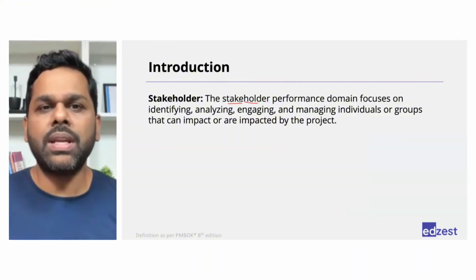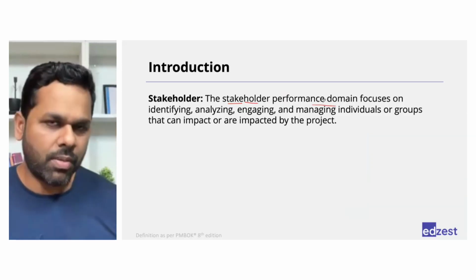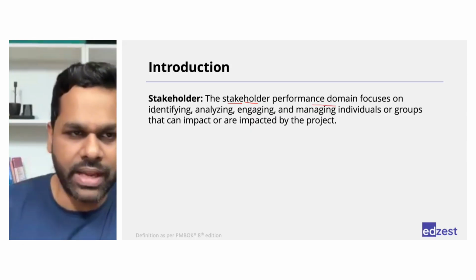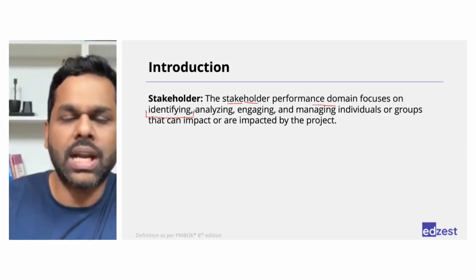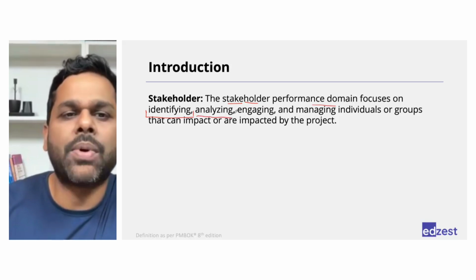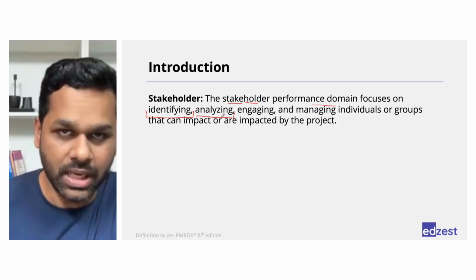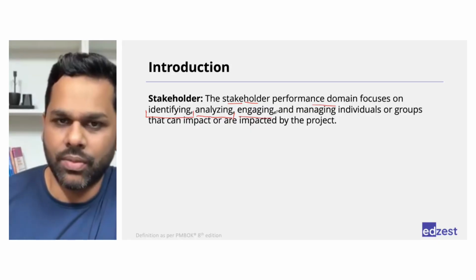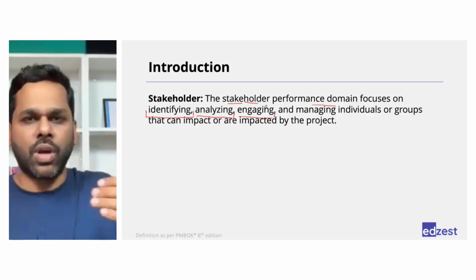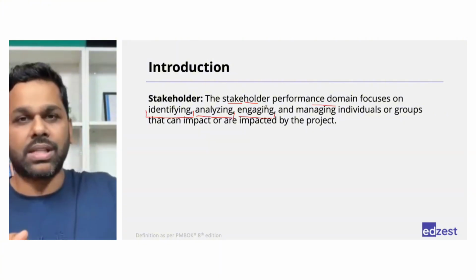Now, what do we mean by stakeholder performance domain? What do we need to do? Stakeholder performance domain focuses on identifying, basically understanding who our stakeholders are, then analyzing what type of impact they can create in my project or how they will get impacted by the project, and then engaging, which means planning how we are going to communicate with them, how we are going to discuss with them, how we will show our product to them, how we will discuss their concerns.